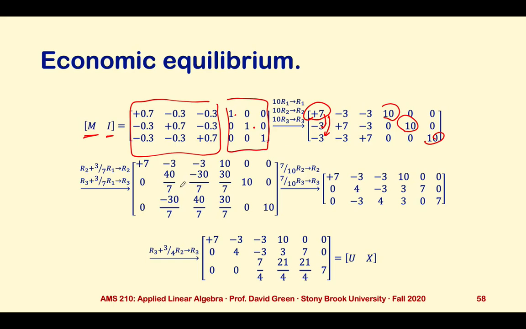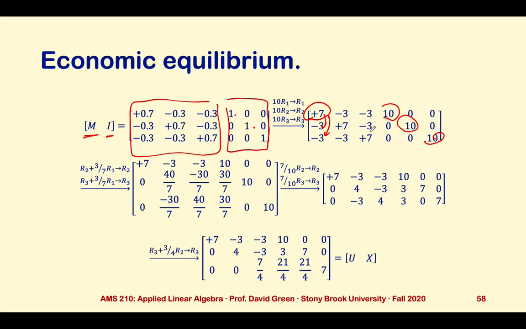We, of course, get zeros in the first position, -3 plus 3/7 of 7. In the next case, we have 7 plus -3 times 3/7. That's 49/7 minus 9/7, or 40/7. In this case, we have -3 plus -3 times 3/7.